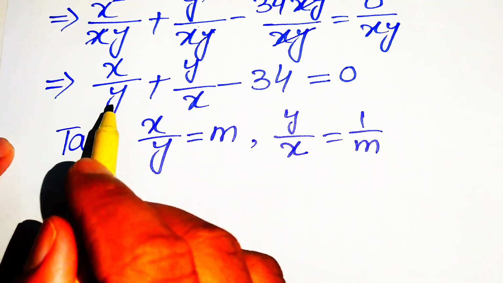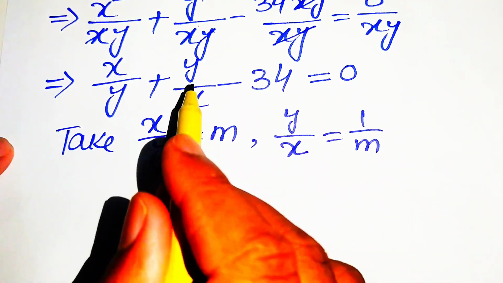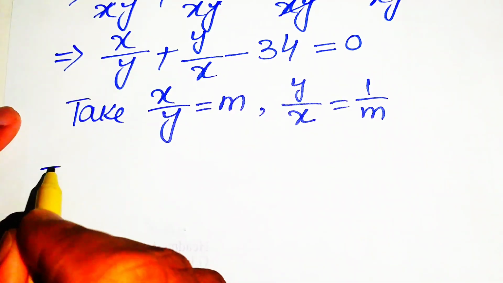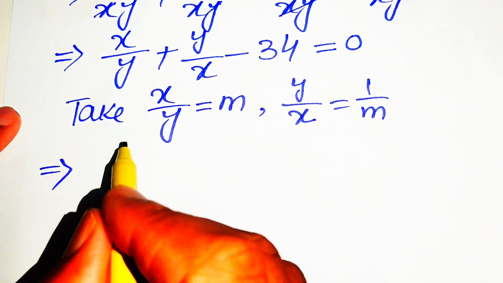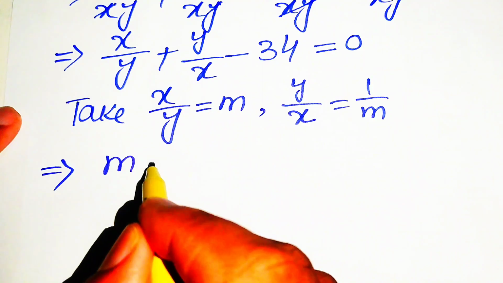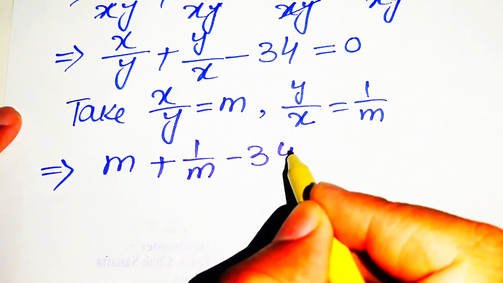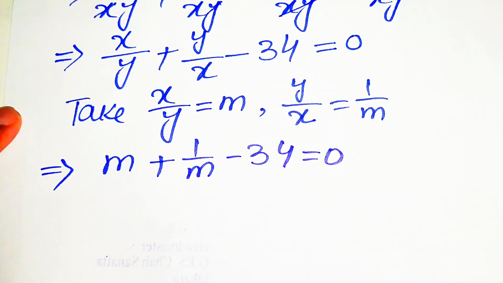So we substitute x over y equals m and y over x equals 1 over m in this equation, and this will be written as m plus 1 over m minus 34 equals 0.